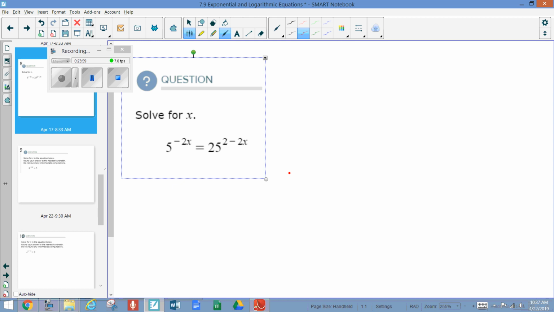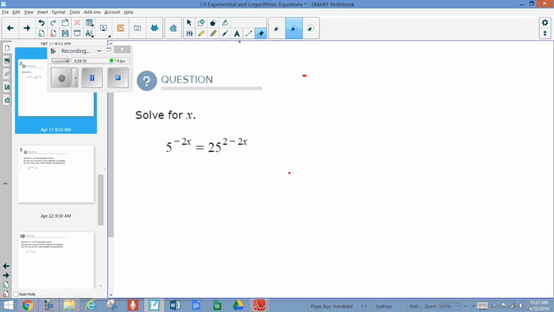For example, this one, pay attention to how we're going to solve this. 5 to the power of negative 2x means 1 over 5 to the power of 2x is equal to 25 to the power of 2 over 25 to the power of 2x.